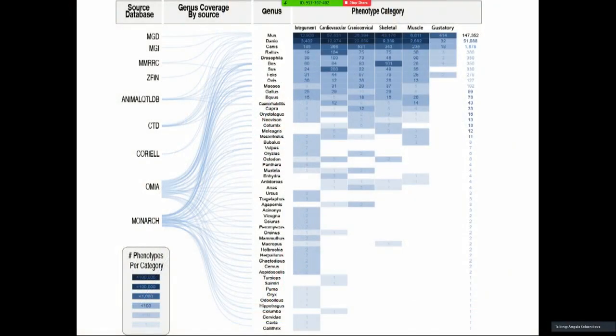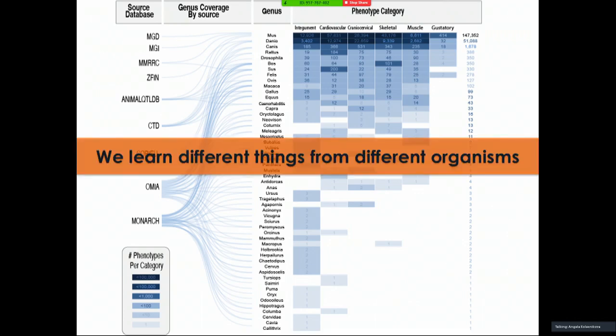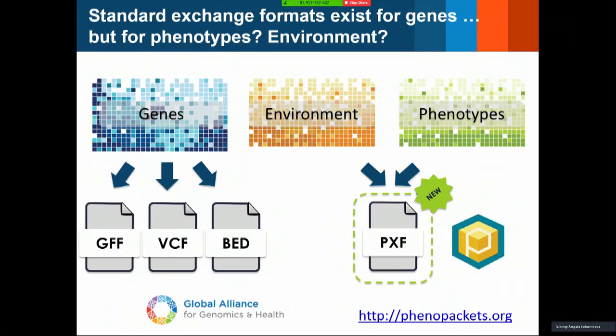And this is just an illustration of how, as we take an informatics approach to this, we learn very different things across the different species. And so this is an illustration of where we're getting to with trying to create tools for choosing the best model.